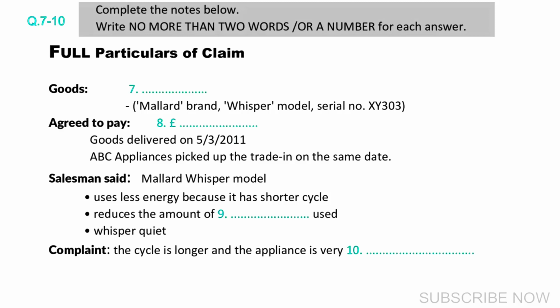It does seem to use less water, but both the wash cycle and the rinse cycle go on for much longer than my old machine, so I don't see how it can use less electricity. But the sales assistant also said, "This model is whisper quiet." And is it? No, not at all. It's so noisy we can't hear the television in the next room.